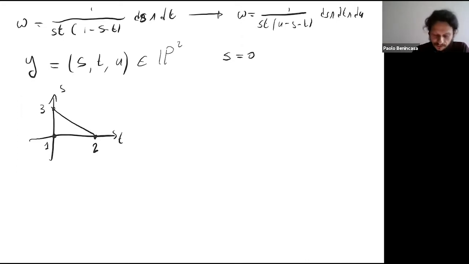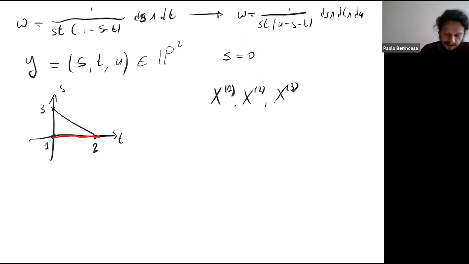If I take a vector x1, which gives me the coordinates of this vertex, x2 the same, so these are the vectors of the 3 vertices, then s equals 0, which is given by this side, is uniquely identified by a plane given by the vectors 1 and 2.